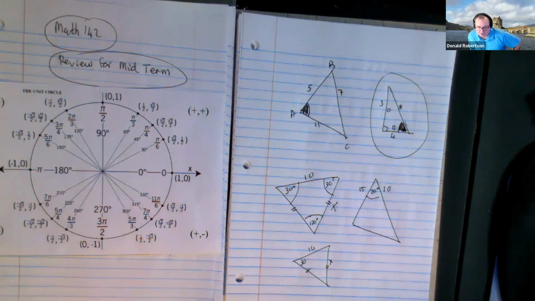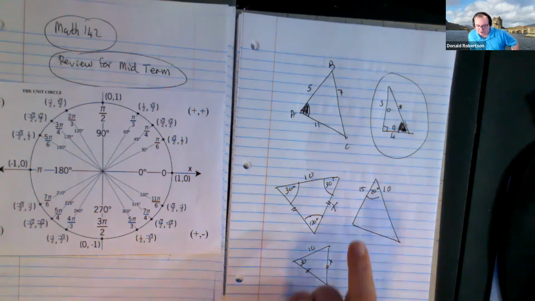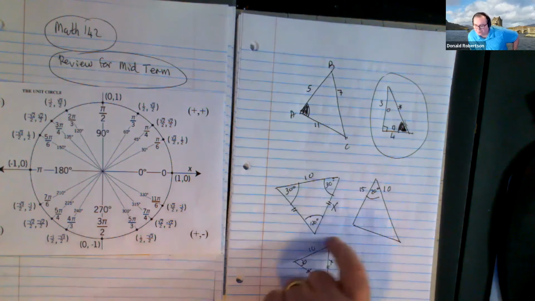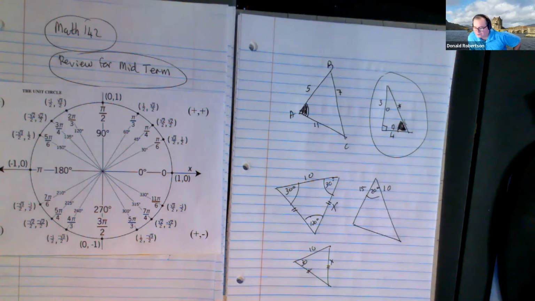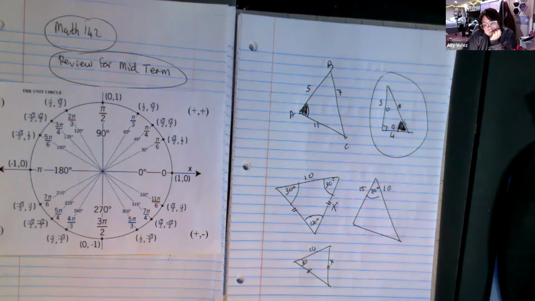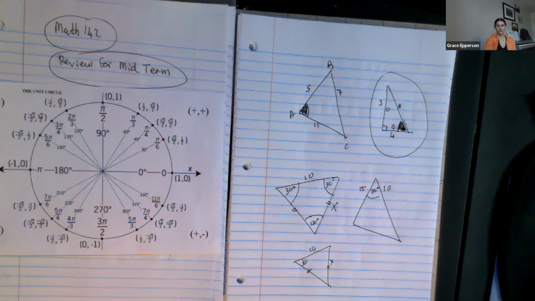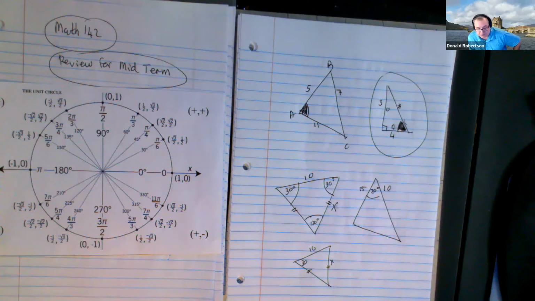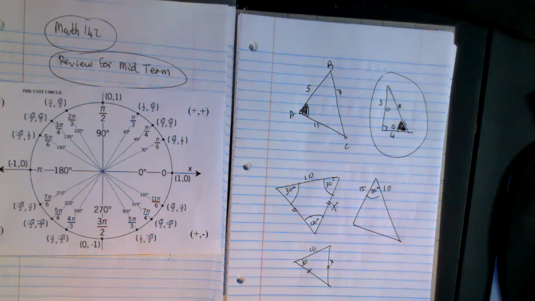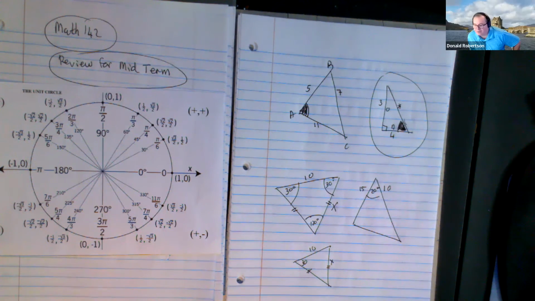Sine rule or cosine rule? How would you find X on this triangle? Cosine rule? Couldn't you use either? Well, I guess that's a good question. Could you? Well, you probably couldn't because you need to have two sides and an angle in between, yes.